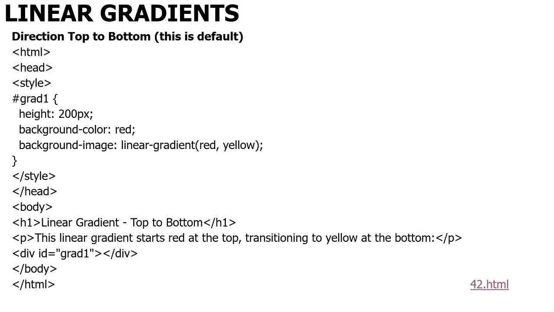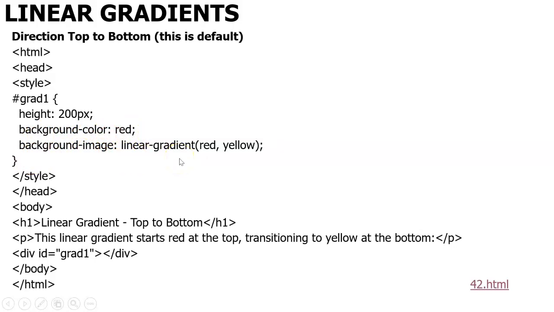Now, starting from the HTML tag followed by the head tag, inside the head tag I'm going to apply the styling. Here the hash represents ID creation. So I have created an ID called grade1. Inside that I'm applying styling: I want a height of 200 pixels, the background color is red, and for the background image, this is the syntax.